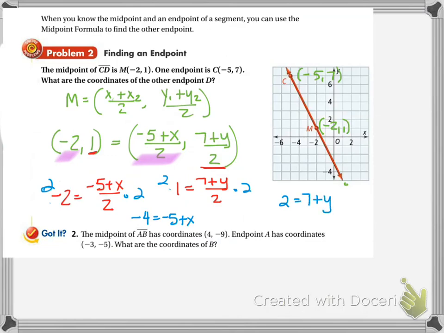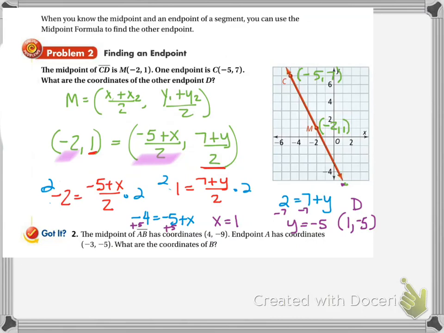So to solve each of them, this one we're going to add 5 to both sides, so x would equal 1. On this side, we're going to subtract 7 from both sides, so y would equal negative 5. So our endpoint is at 1, negative 5. Right about there. Okay. So point D is 1, negative 5.